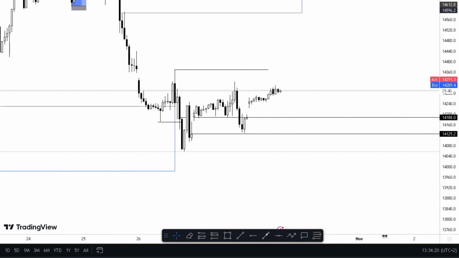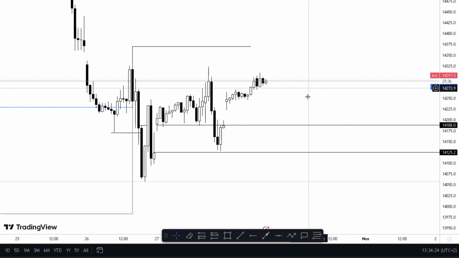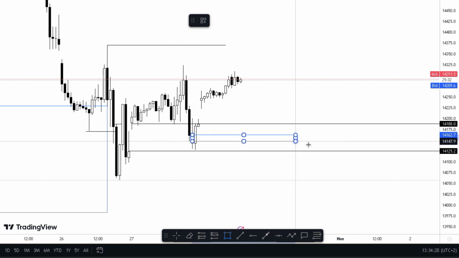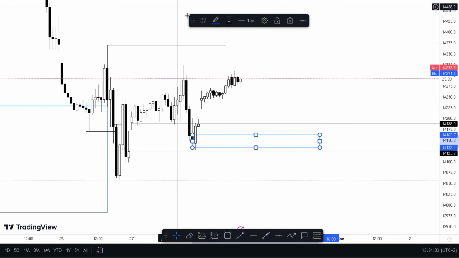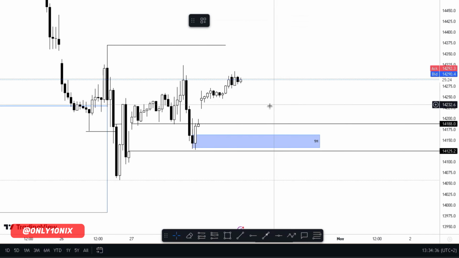So what happened on Friday was that the market sold off into the area and gave us interesting price action. So this might be the first trade that I'm looking at for the week. Why? Because now that we have purged this, I can see a supply, or a 1-hour supply zone, right?